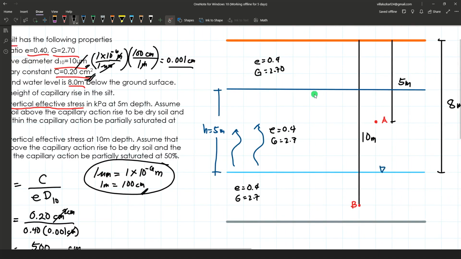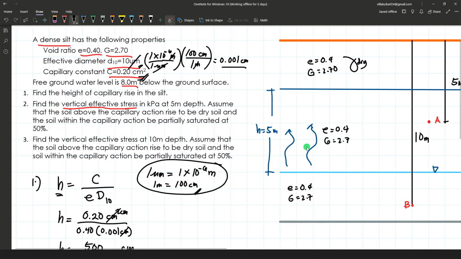We said there that we assume the layer above the capillary action will be dry soil, so we will determine the dry unit weight. For the partially saturated layer, the layer within the capillary action, it is partially saturated at 50%. Now, the portion that is submerged below the water level, the degree of saturation is 100%.